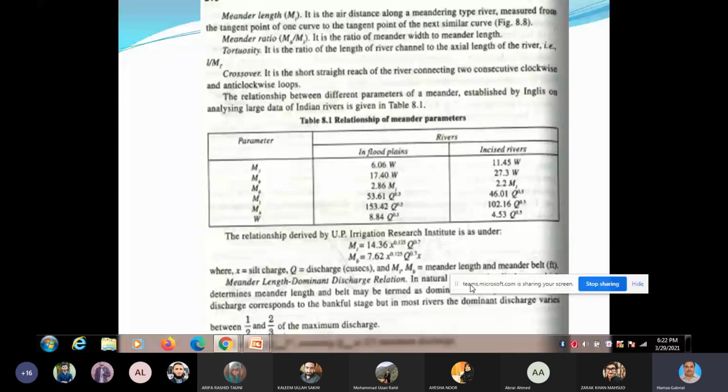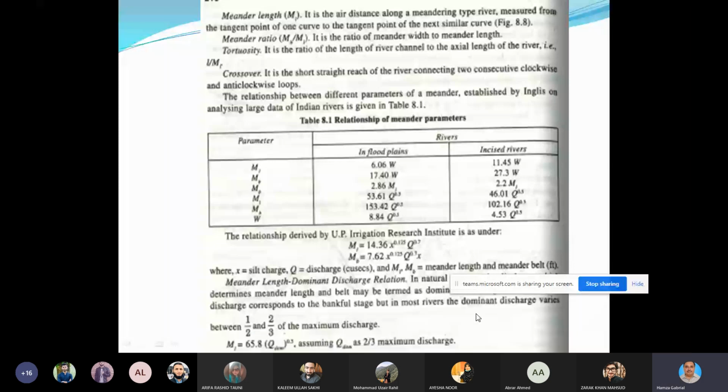But in some rivers, the dominant discharge varies from half to 2/3 of the maximum discharge. So we can have some relationship corresponding to this dominant discharge as well. I will give this in the next slide.